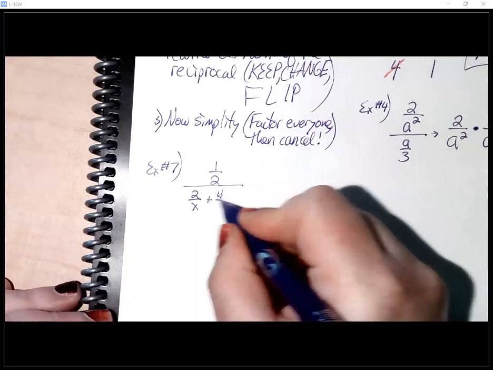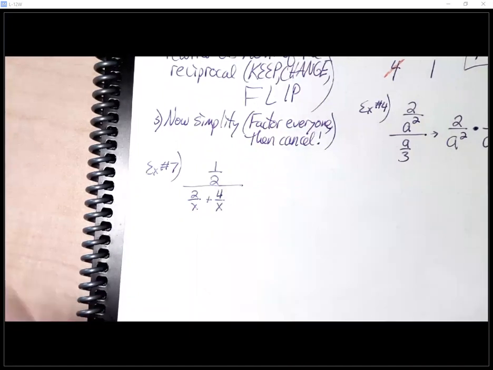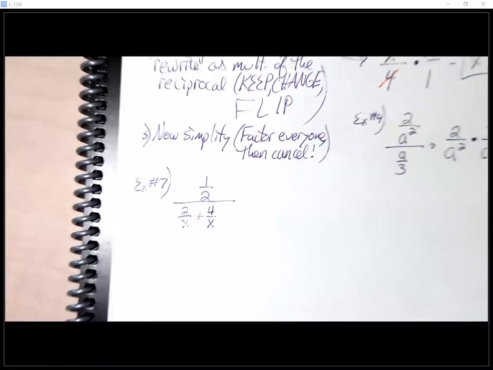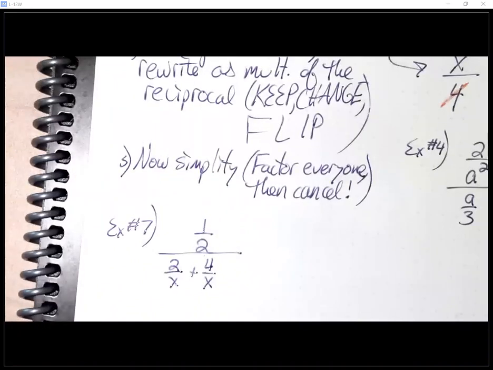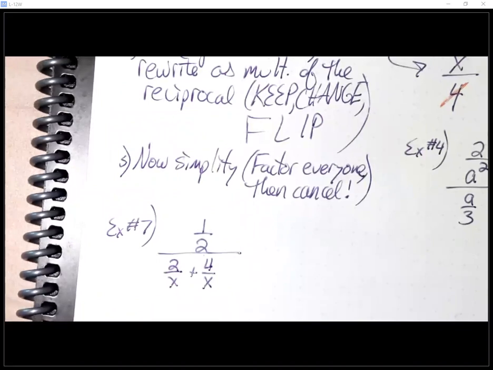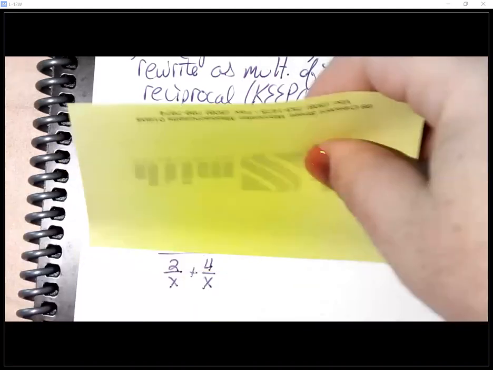So this time I'm not starting off with a single fraction divided by a single fraction. So I do have to combine these two in my denominator, right? To turn them into a single fraction. Lucky for me, if you just ignore the numerator for 1 second, just pretend that that's not there. This is a problem like we did last week, right? I have to add these two fractions together.